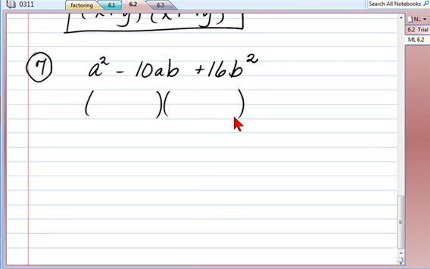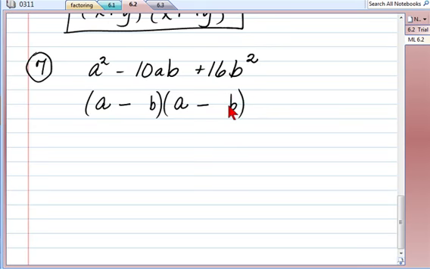The signs: go to the last sign. It is positive, which tells you they're going to both match the middle term, both minus. I know that I'm going to have an a times an a to get a squared. I know that whatever the numbers are in the last spots, they're going to have b's with them.